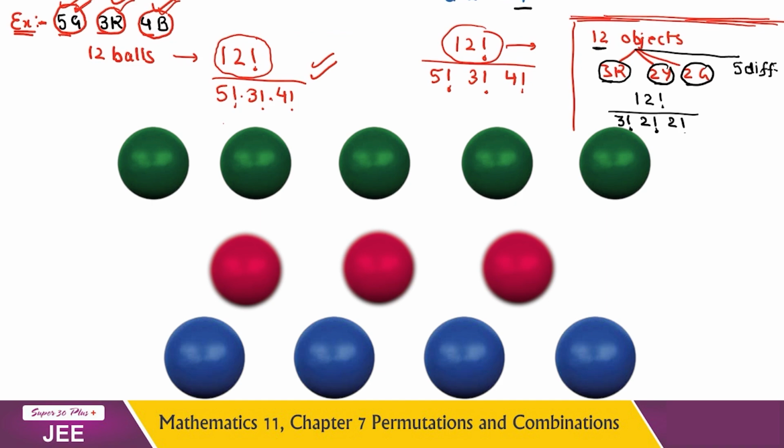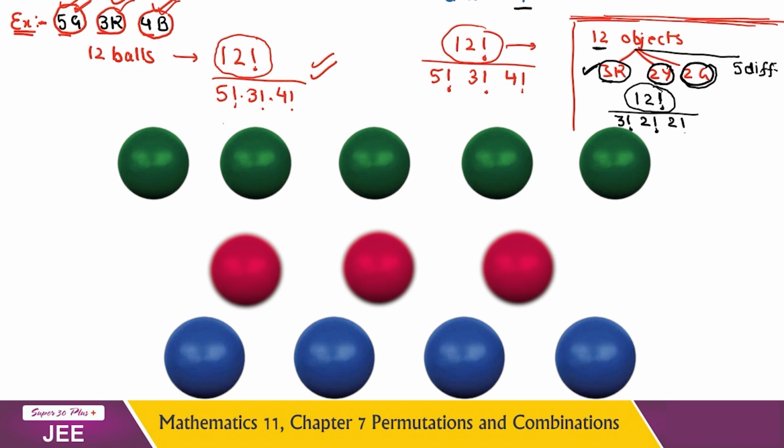Why 3 factorial? Because due to these 3 red balls, in 12 factorial, the cases would have repeated themselves 3 factorial times. Because of these 2 yellow balls, the cases would have repeated themselves 2 factorial times. And because of these 2 green balls, the cases would have repeated themselves 2 factorial times.